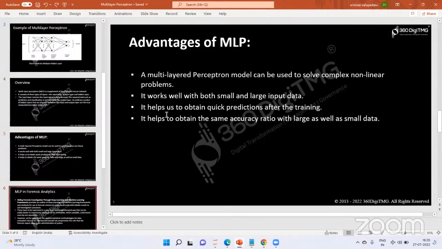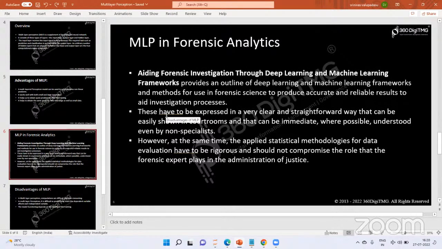Next, how is MLP used in forensic analytics? There are a lot of usages in forensic analytics. Mainly, the forensic team will collect the evidence. Image processing will be helpful.